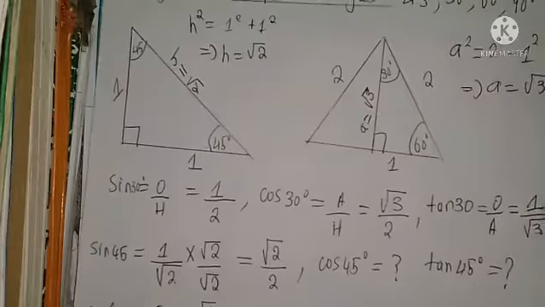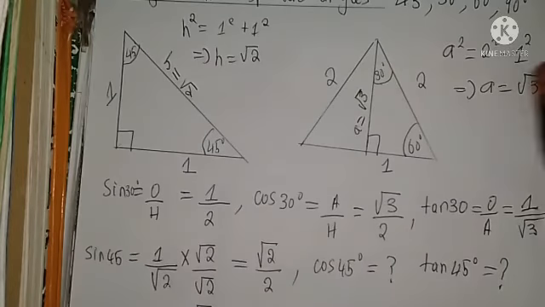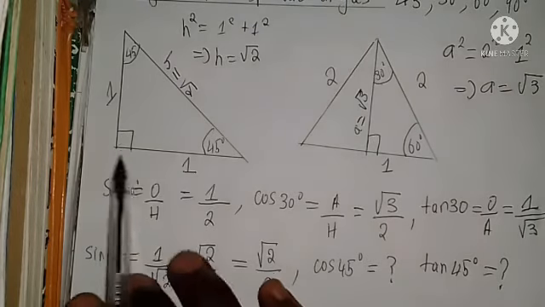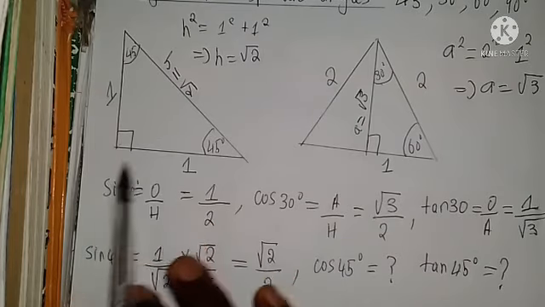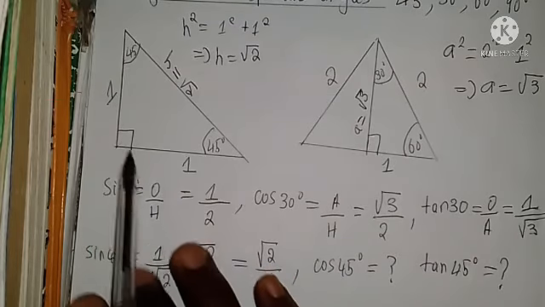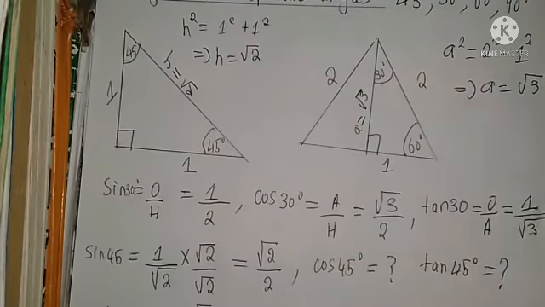Okay, now head over to cos 90. Now have a look at these two triangles very closely. Okay, you will notice that the 90 degree angle has no adjacent side. Yes, because it is close to this, at this point here, so it has no adjacent side.